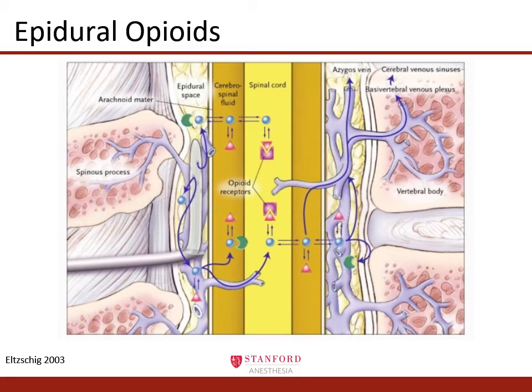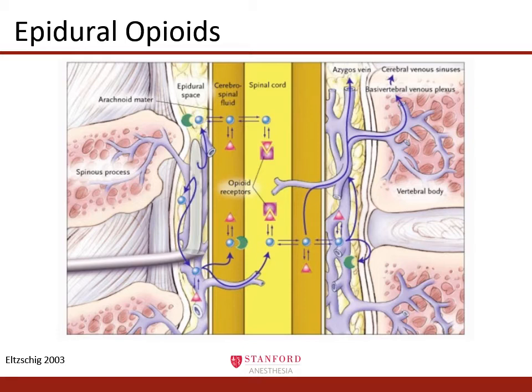Along with local anesthetics, we often include epidural opioids. Opioids are very helpful because they have a synergistic effect with local anesthetics to improve the density of the block without having any effect on motor block.